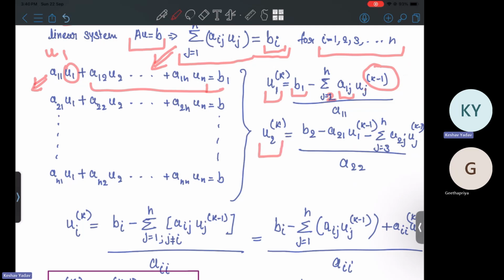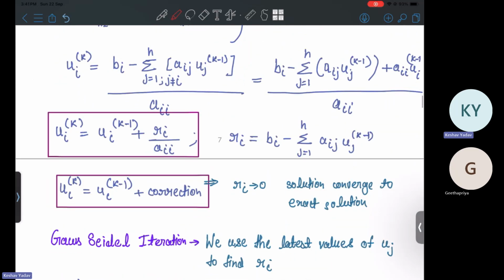Similarly, if we want to write u2 at the kth iteration, this term will remain on the left hand side, and the others will go to the right hand side. So it will be equal to b2 minus a21 u1 at the k minus 1th iteration plus the sum over j from 3 to n of a2j uj at the k minus 1th iteration.